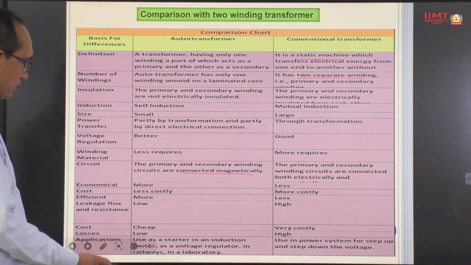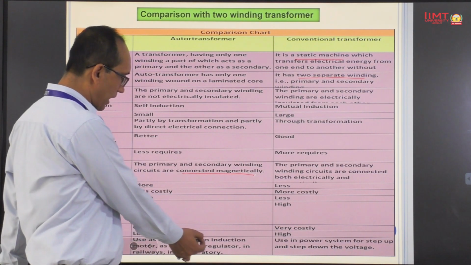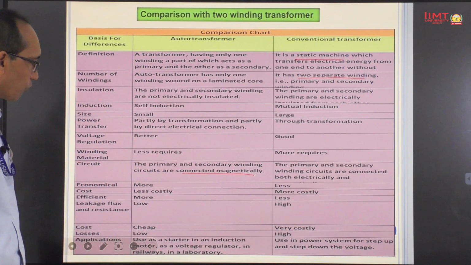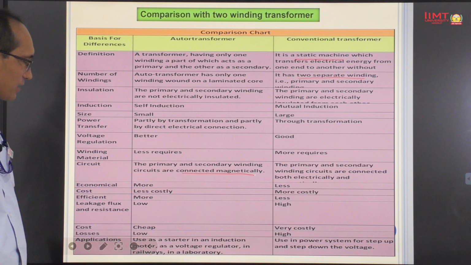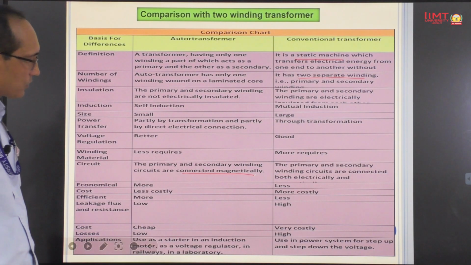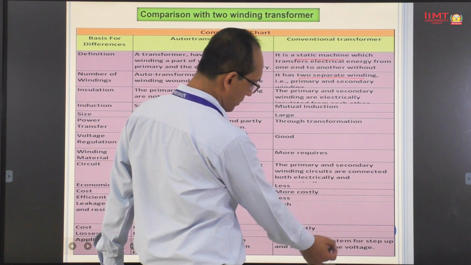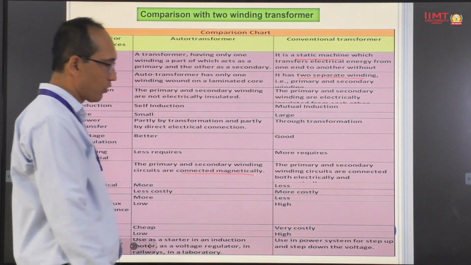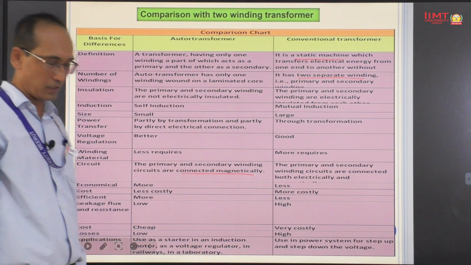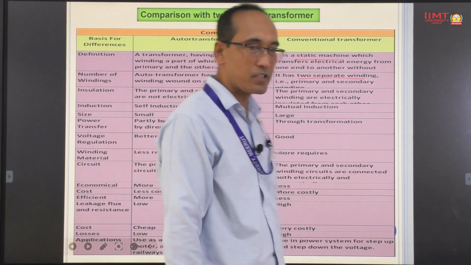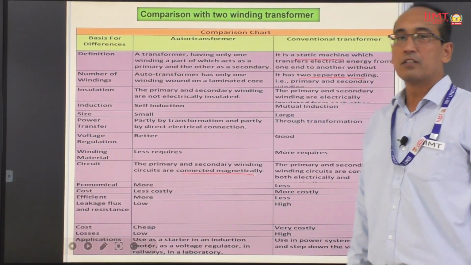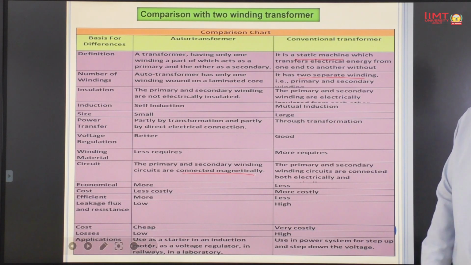Applications we have just discussed: used as a starter in induction motors, as a voltage regulator in railways or in the laboratory system. But in case of two winding transformer, we are using it in the power system for step up or step down of voltages. So we have discussed all about the single phase auto transformer.